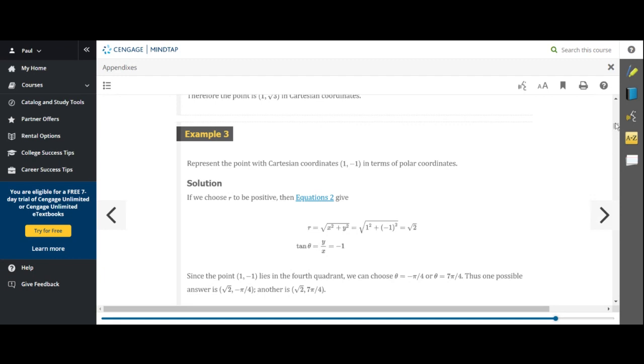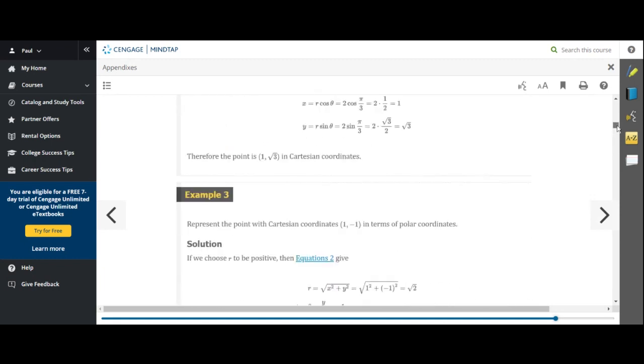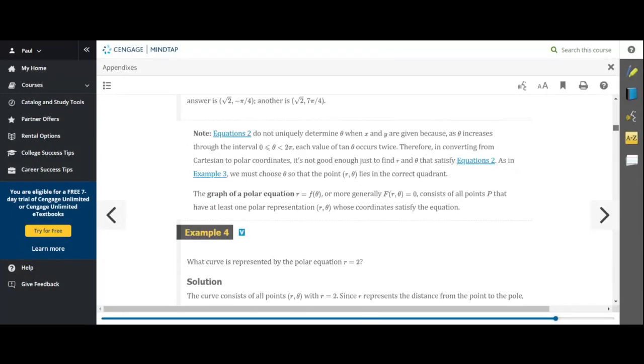Okay, well then let's move on to example 4. We'll be doing a few of our own little examples, but I just want to be sure you're comfortable.